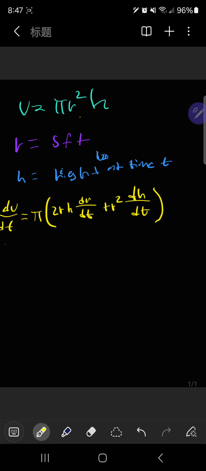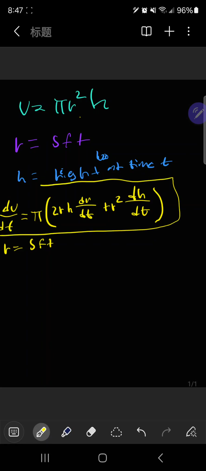This is the formula right here. And r equals 5 feet, so this r is going to be 5 feet, and I want to plug it in. What was h? h is 20.